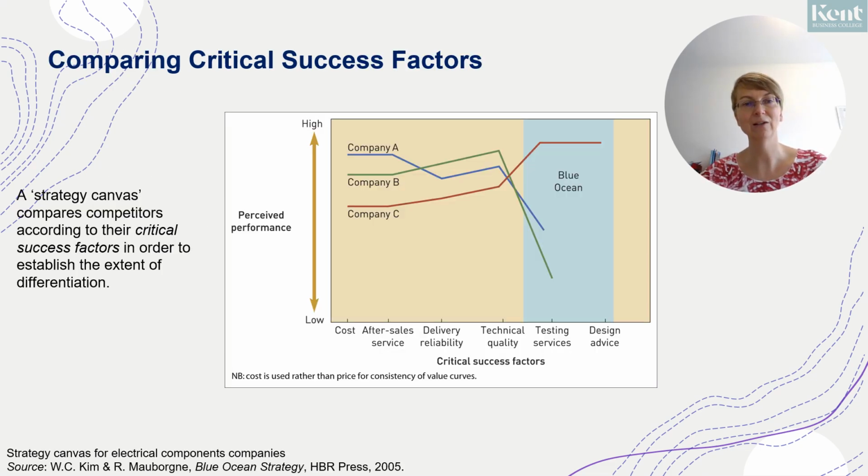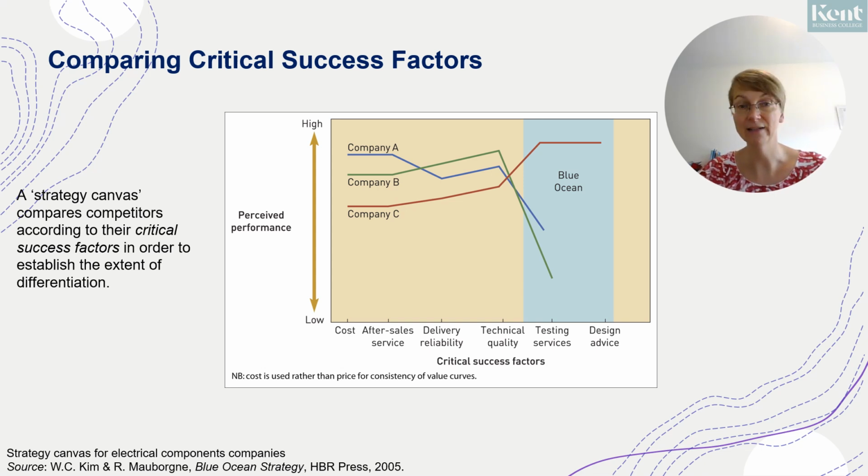So I have here the strategy canvas, and here's an example from a technical industry where there are 3 companies that are compared across the critical success factors of cost, after-sales service, delivery or reliability, then technical quality, testing services, and design advice.